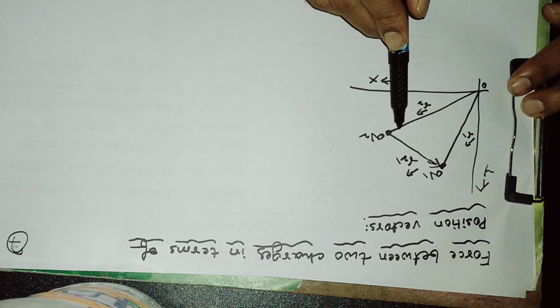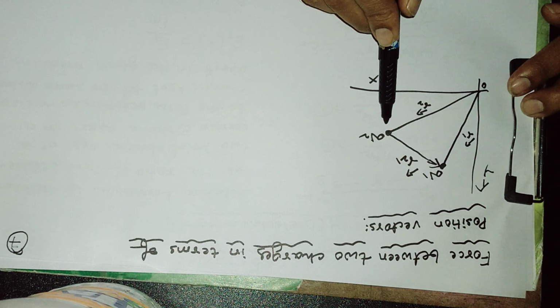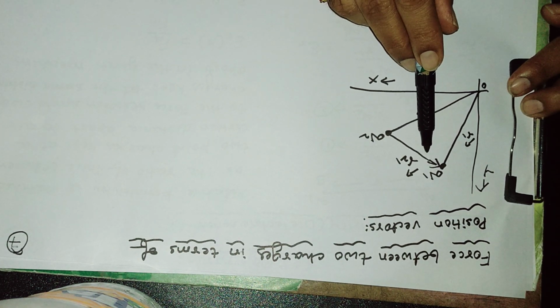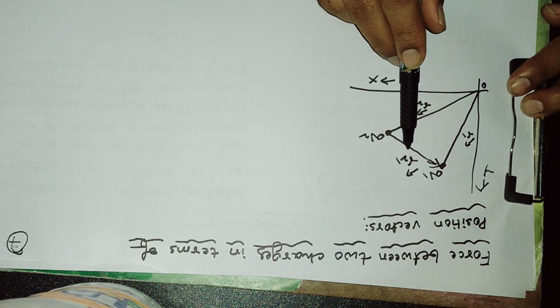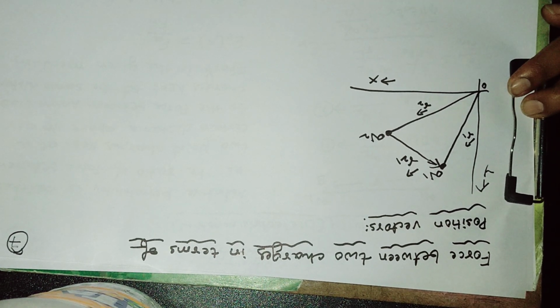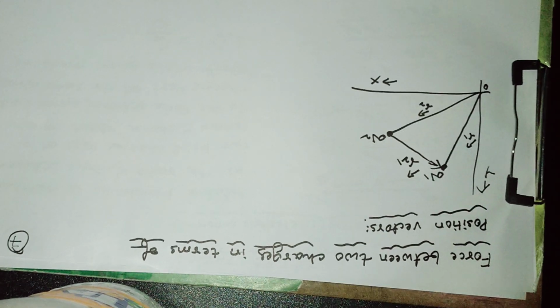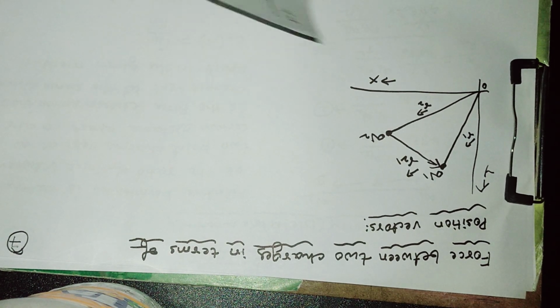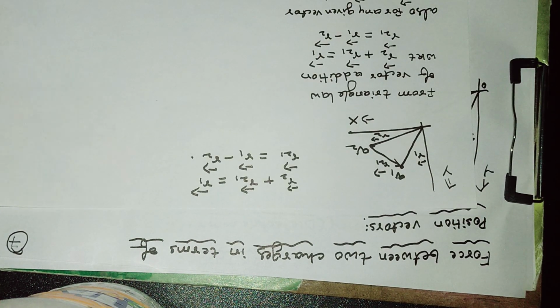On the other hand, if you are writing down the force acting on q2 due to q1, then you would have represented this displacement vector from q1 to q2. Here you have to recall the triangle law of vector addition that you had learnt in first year. According to the triangle law of vector addition, see, I have just illustrated it here.